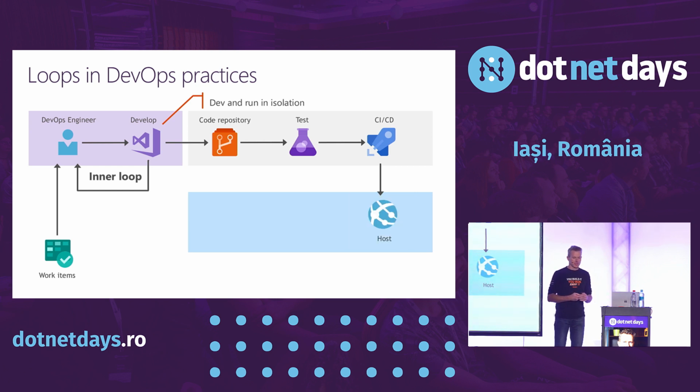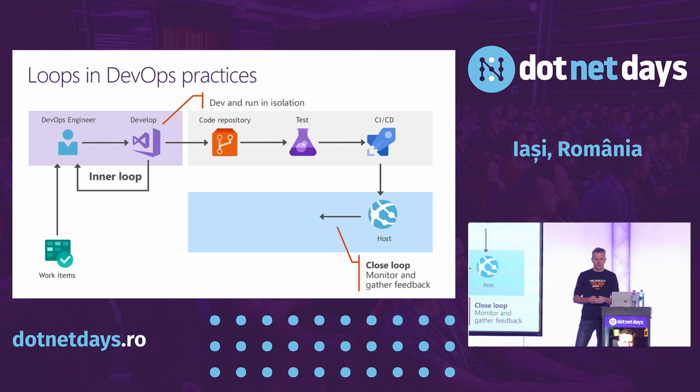We want to do a feedback loop. That's the other loop. We want to close the loop from production back to what we're doing on our development machine. So that's why we want to gather some instrumentation data, all the things that our application could be telling on how it's running and what it's doing in the place that it's running in. And that's where you want to monitor.